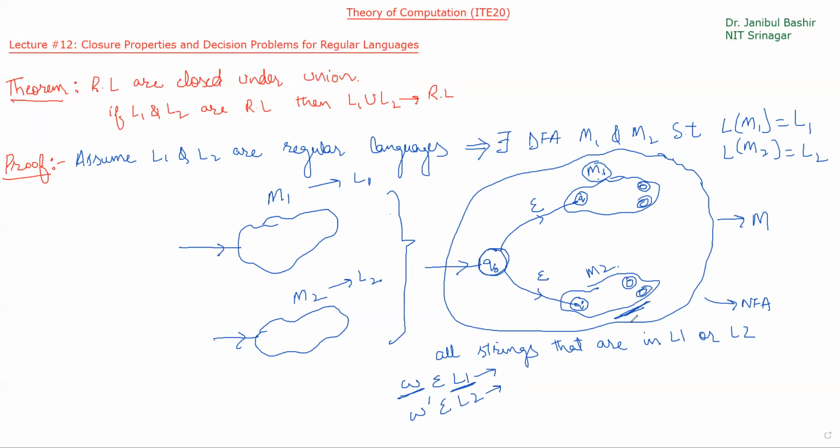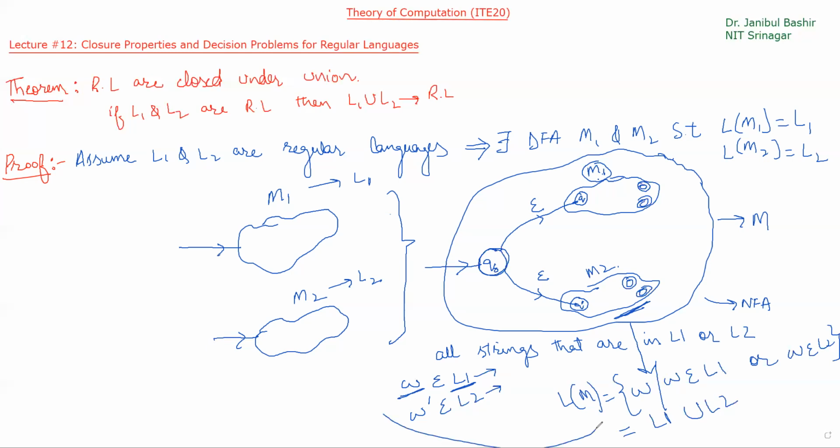So the language of this NFA, language of M, will be W such that W belongs to L1 or W belongs to L2. That means the language of this NFA will be L1 union L2.